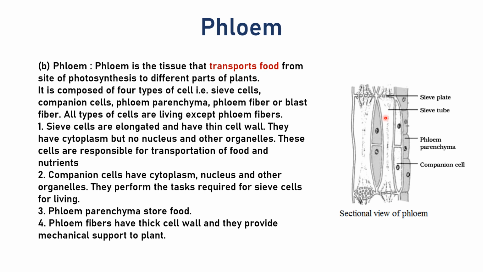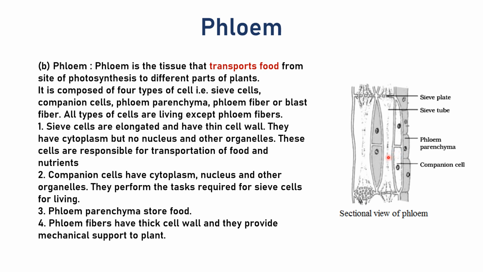We have done this. Now the companion cell. Here you can see the companion cell has a nucleus, and it even has different cell organelles, which in fact help the sieve cells to do many of their functions, right? So all metabolic functions take place in companion cells, which help the sieve cells. In fact, it is supporting the sieve cell. It is like the body of a sieve cell.